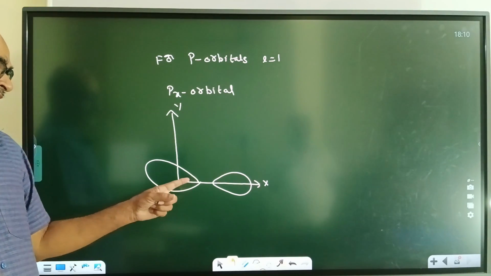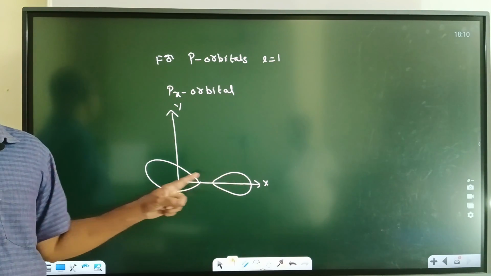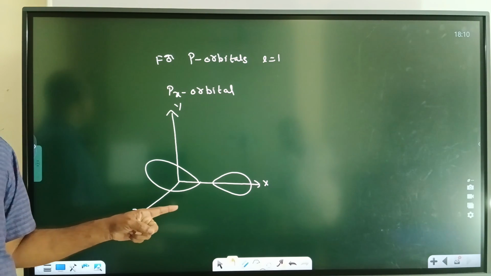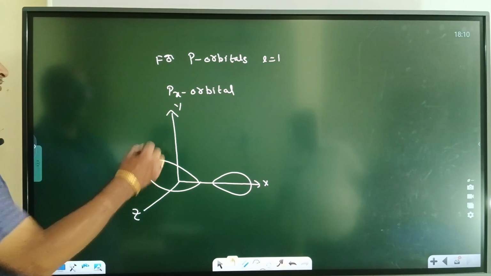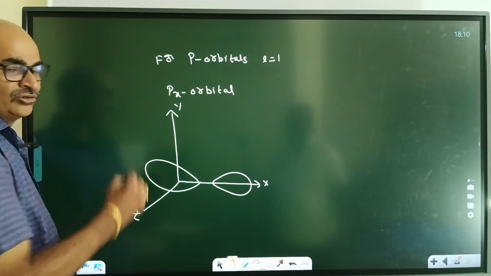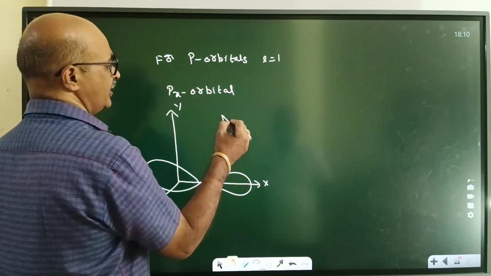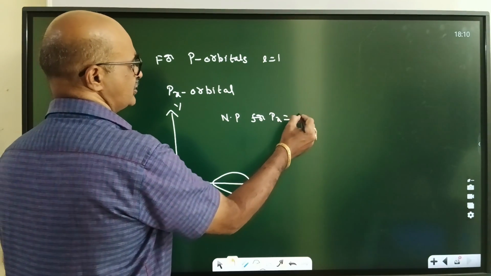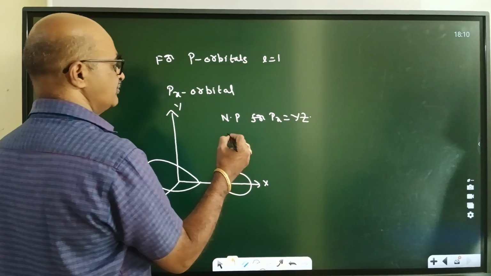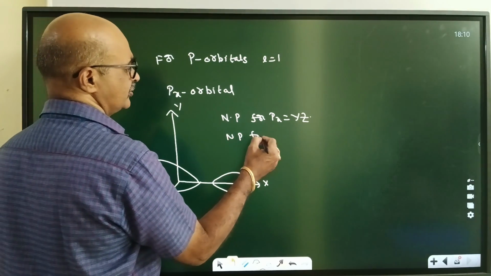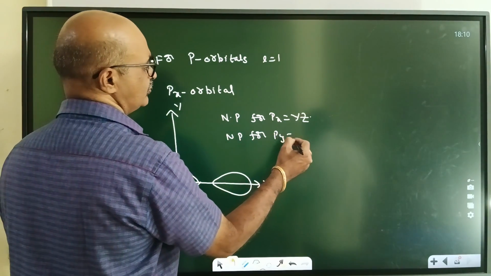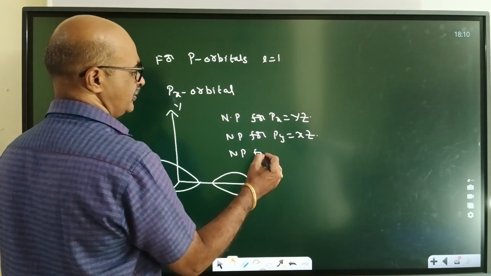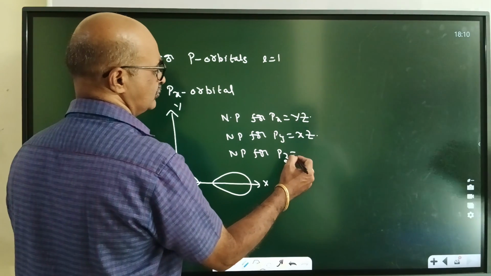Electron density is concentrated along the x-axis. So for px orbital, the nodal plane is YZ. In the YZ plane, electron density is 0. Similarly, nodal plane for py orbital is XZ. Nodal plane for pz orbital is XY.